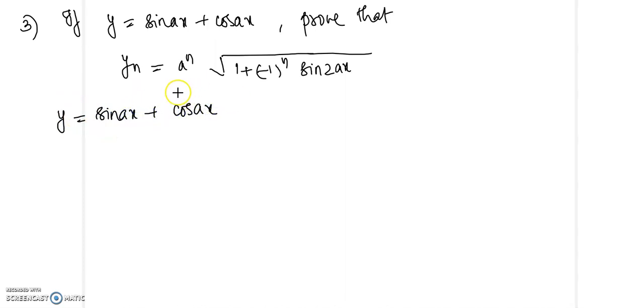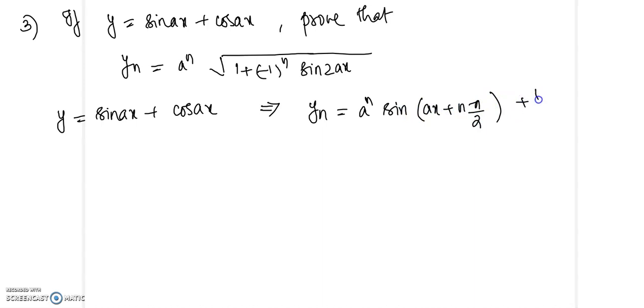We need to find out the expression for yn. So from here the nth derivative will be a raised to n sin(ax plus n pi by 2) plus a raised to n cos(ax plus n pi by 2).